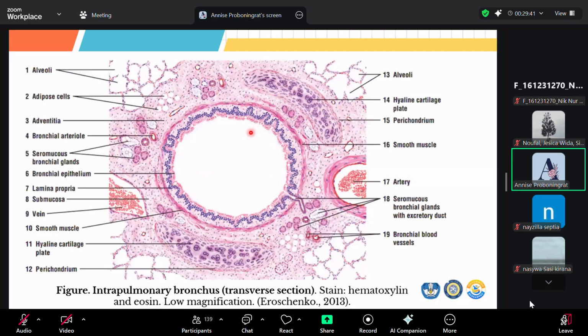This is the lumen of the bronchus, and then the bronchial epithelium, and then the lamina propria, smooth muscles, and adventitia or connective tissue, and then some seromucous bronchial glands, blood vessels, adipose cells, cartilage plates.